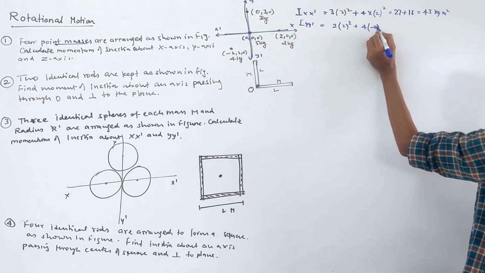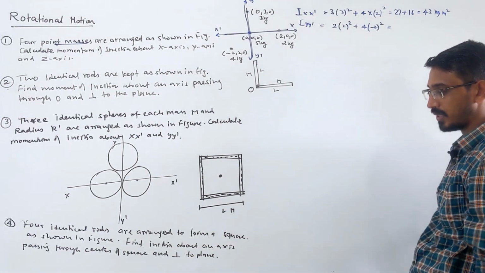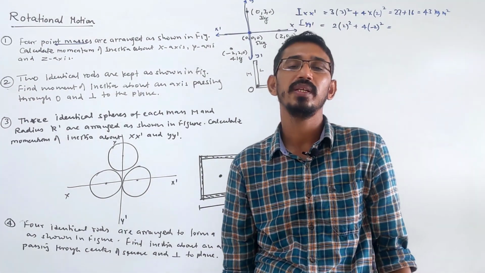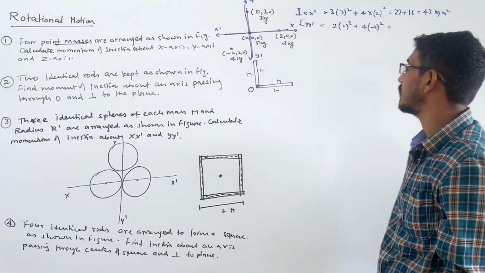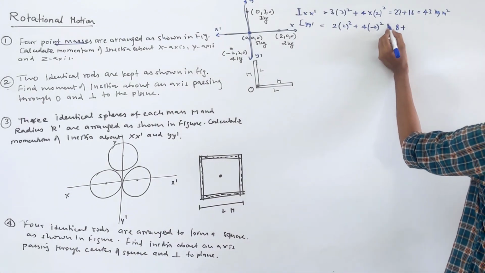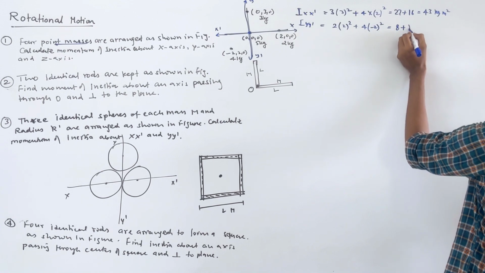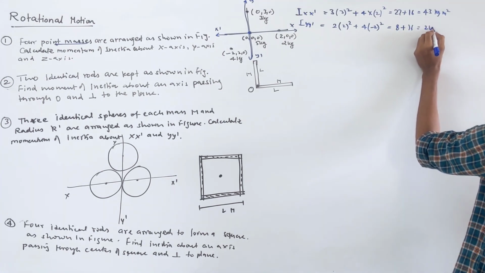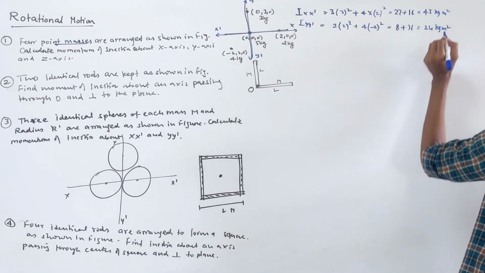Even if you put minus 2 it will become plus only, because inertia is m r square, so even if r is negative, the answer still comes positive. So this becomes 4 into 2, that is 8, and that becomes 4 into 4, 16. So this becomes 24 kg meter square.